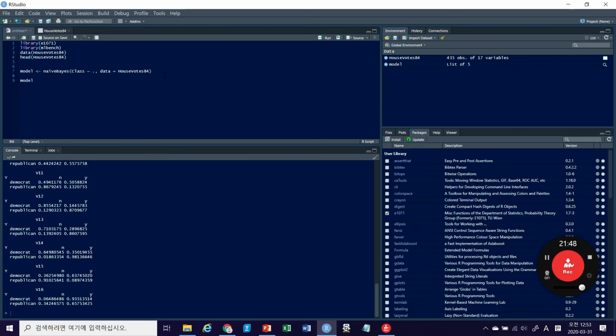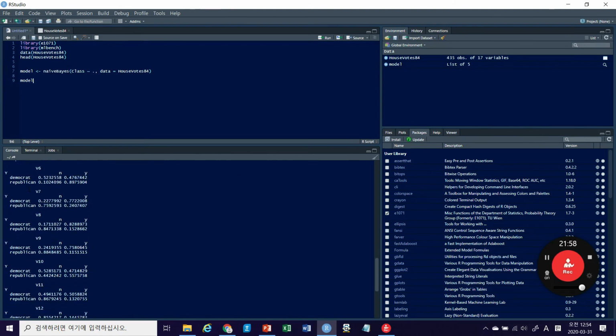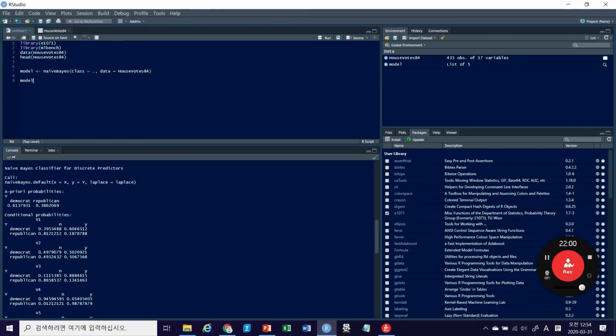Please give it a try to practice. Try to build a function that returns these conditional probabilities and these prior probabilities. I think you can do that if you are quite familiar with R programming.